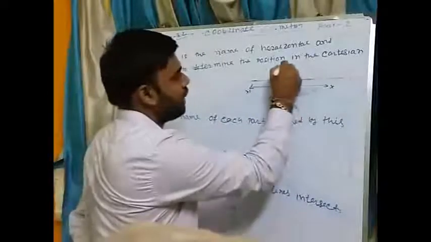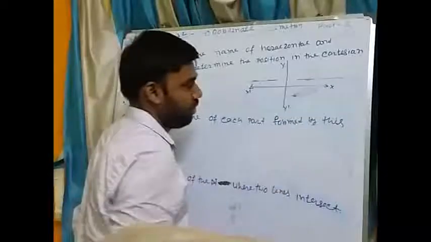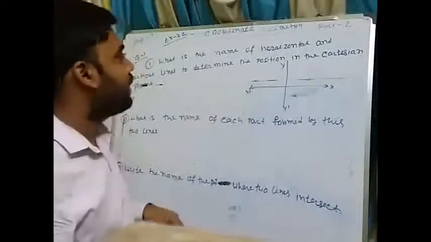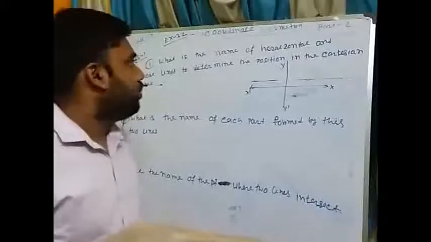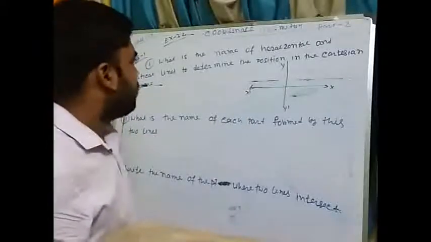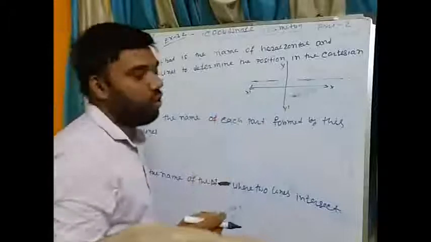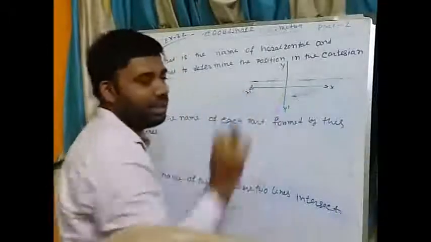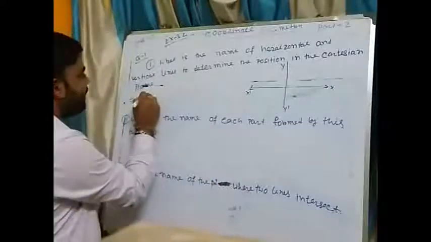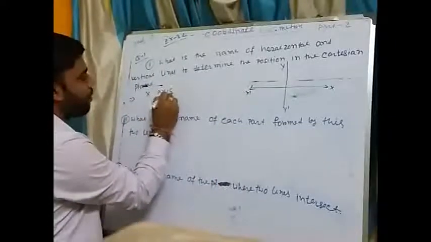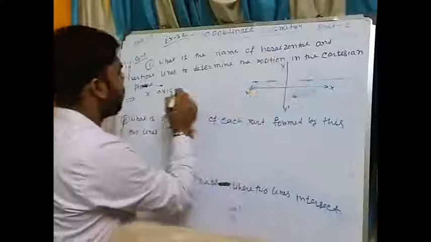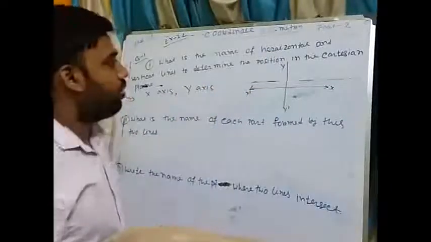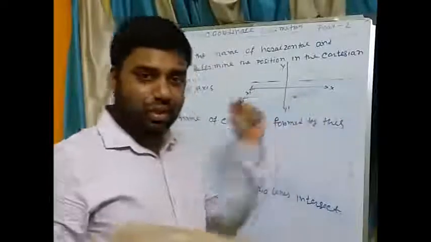Using these two lines in the Cartesian plane, we identify the position of any point. The horizontal line is called the x-axis and the vertical line is called the y-axis.